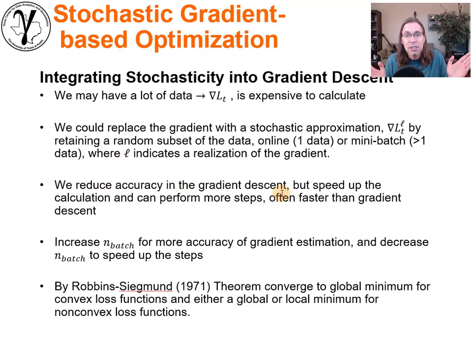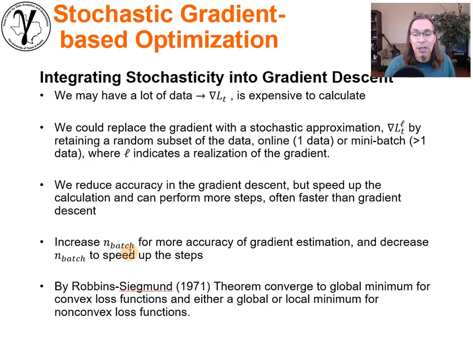It's going to really reduce the gradient estimation, but it's going to speed up the calculation so you can perform more iterations, more steps, more quickly. And the result is, it turns out we often get a faster convergence with stochastic gradient descent because we can do fast cycles.